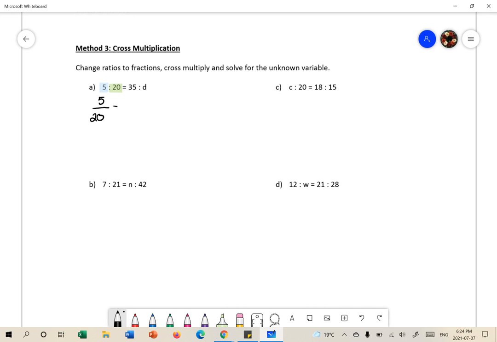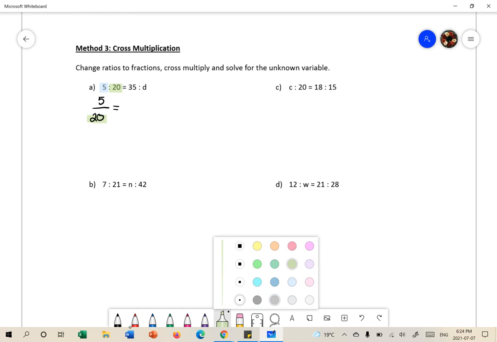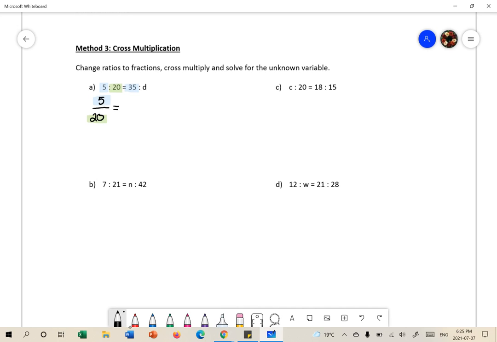And that's equal to 35 is going to be my numerator of my second fraction, divided by d, which will be the denominator of my second fraction. So now we've converted our ratios into fractions.